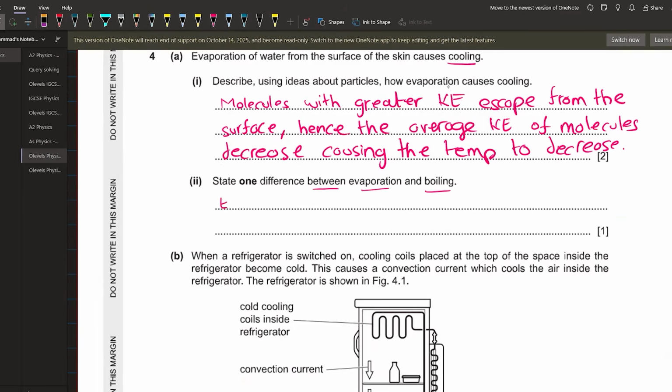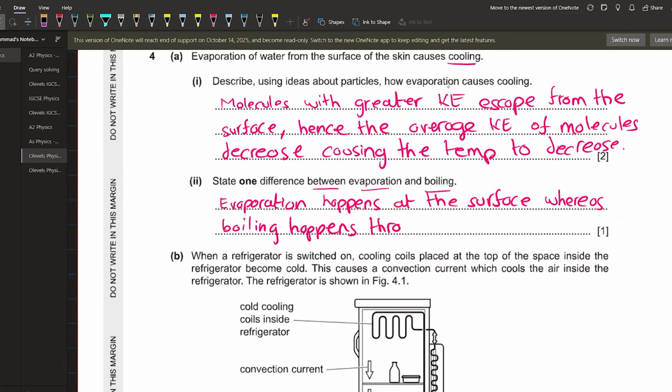You can say evaporation happens at the surface, whereas boiling happens throughout the liquid. Easy peasy. इसमें क्या complicated बात है? Let's further move ahead. आगे बढ़ते हैं.